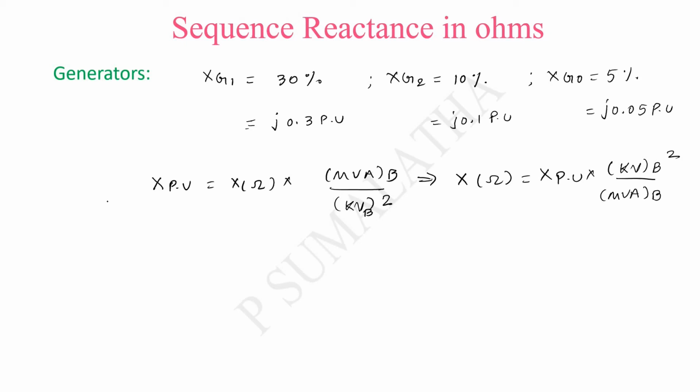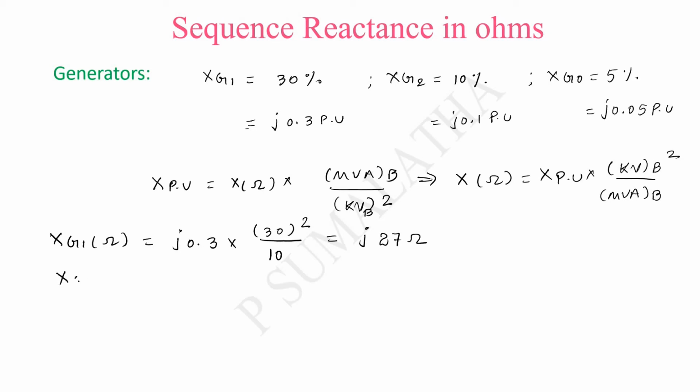Using this formula we can find Xg1 in ohms, which is equal to Xg1 per unit, j0.3, into kV base whole square, 30 square, divided by MVA base, which is given as 10. That is equal to j27 ohm.